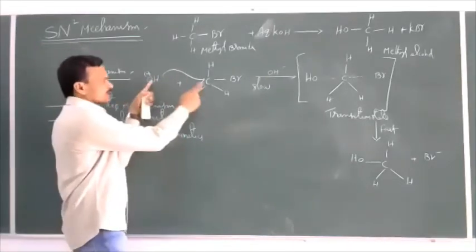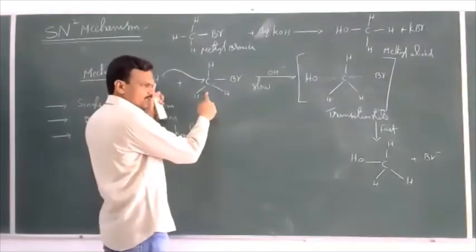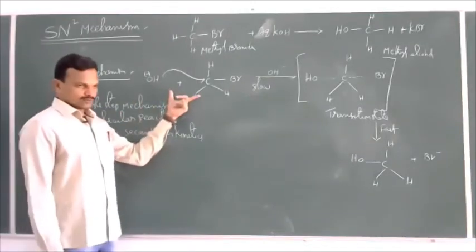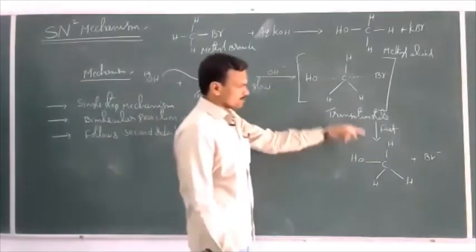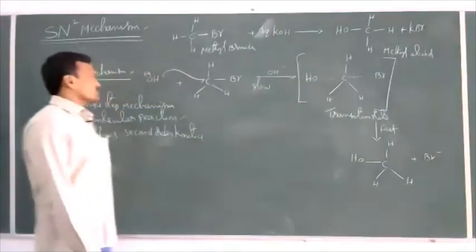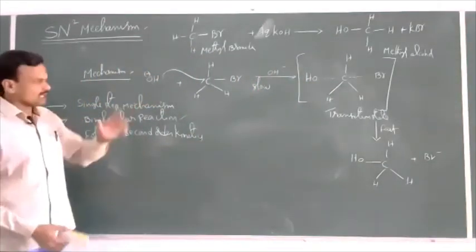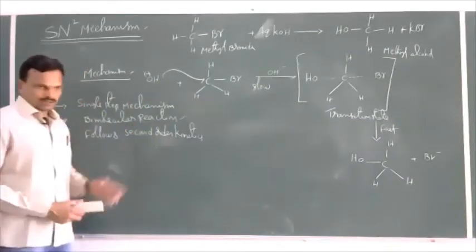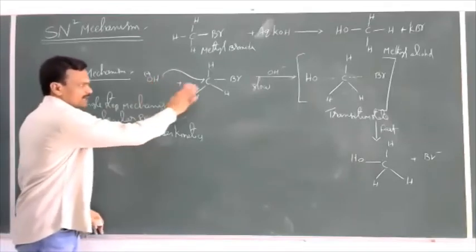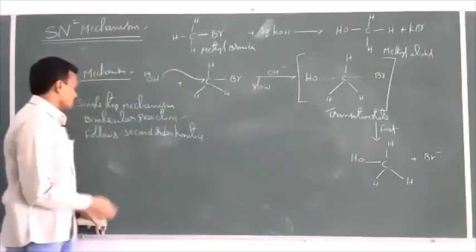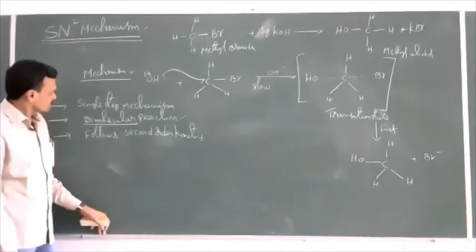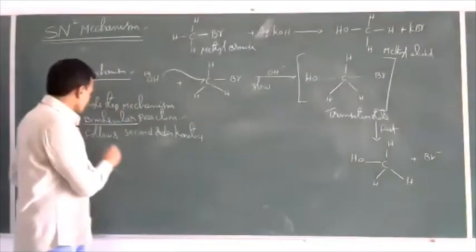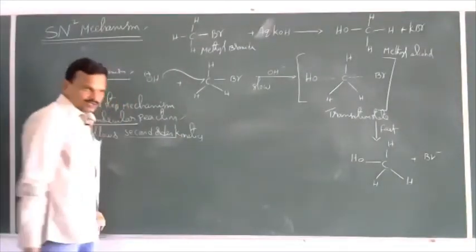Since two molecules are participating in the reaction, it follows second order kinetics. And this is an elementary reaction because the reaction takes place in a single step. In an elementary reaction, the number of reacting molecules participating is the molecularity. Since two species are participating, it is a bimolecular reaction, and since two reacting species decide the rate of reaction, it follows second order kinetics.